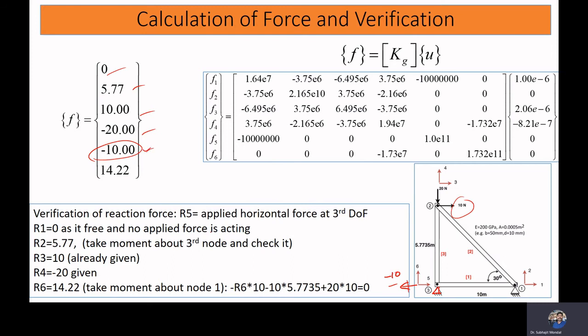Now we have only one unknown, that is F6, or you can say reaction force. Again we can obtain that by taking the moment about point A, considering all the anticlockwise moments as positive and making the sum of all the moments 0. We can basically obtain F6, or you can say reaction R6 also.